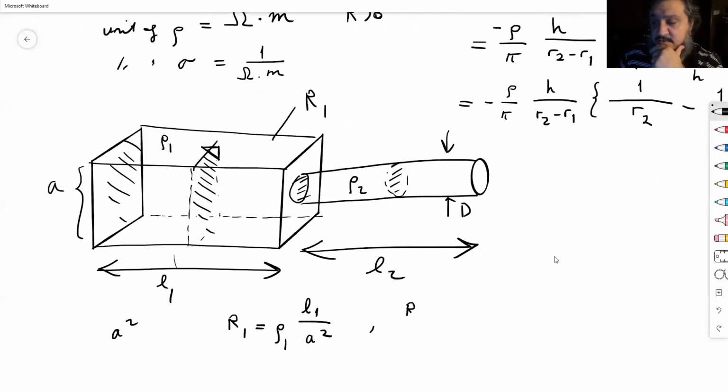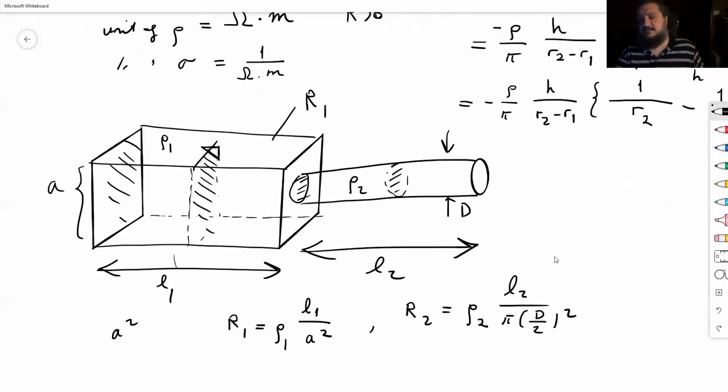And then R2 here, on the other hand, will be rho 2 times the length L2 divided by pi R squared. R is half of D, right? So the resistance of the wire after you do the soldering would be R1 plus R2. That's what you do with resistors.